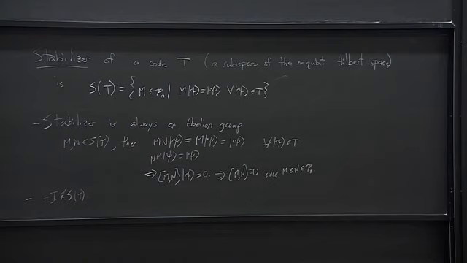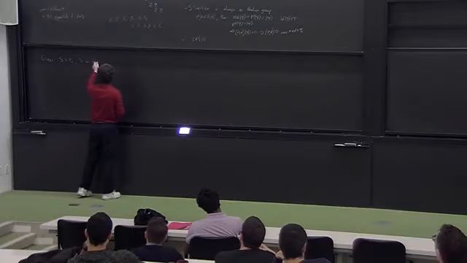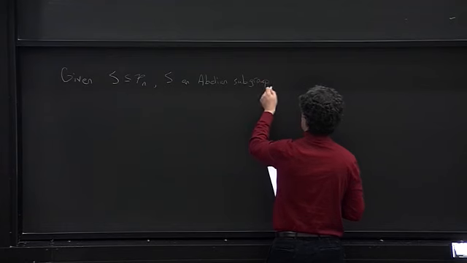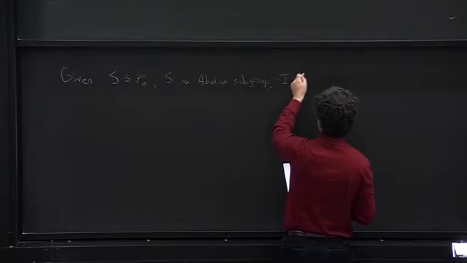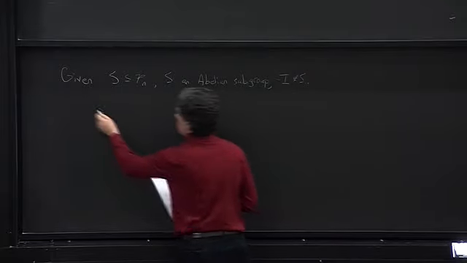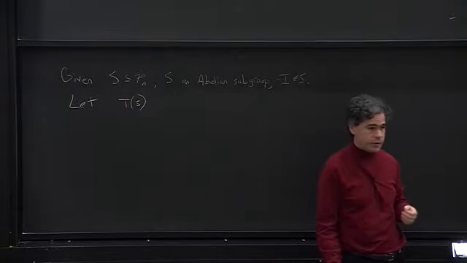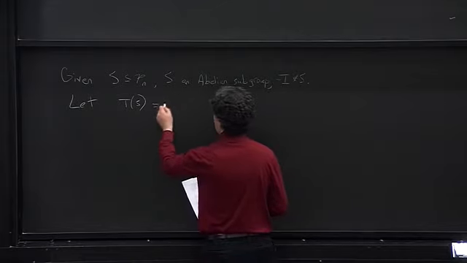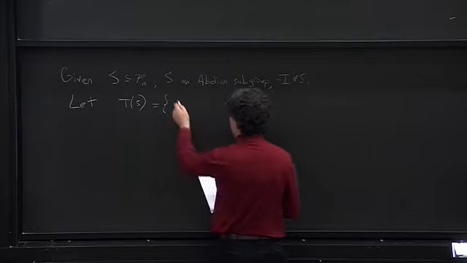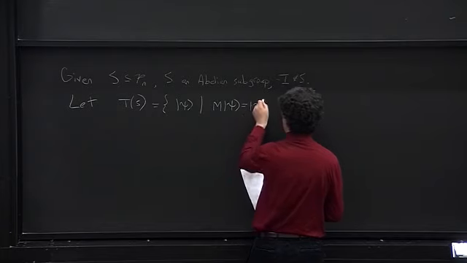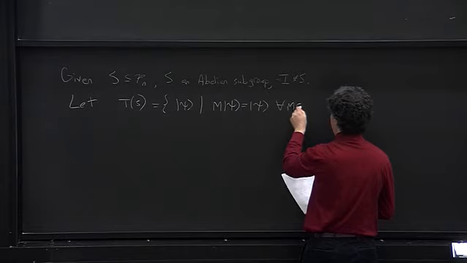Suppose we're given some S, which is a subgroup of the Pauli group, and minus the identity is not in S. Then we can define the code space for this stabilizer to be the set of vectors such that M psi is equal to psi for all M in the stabilizer.